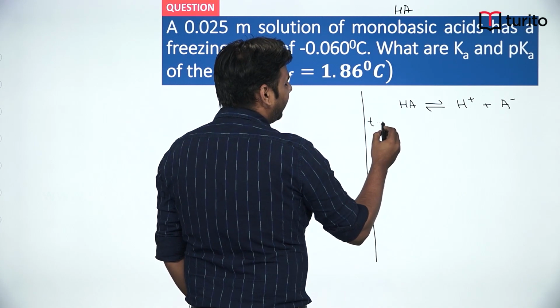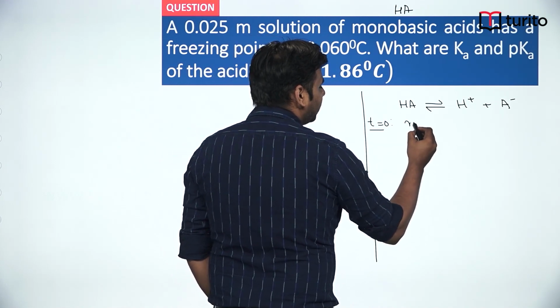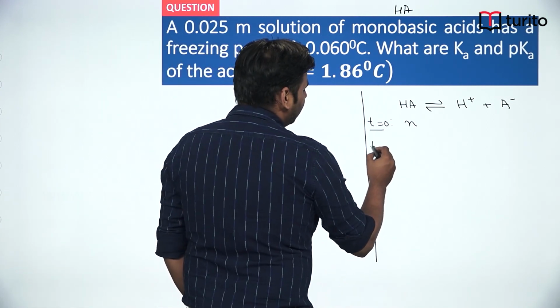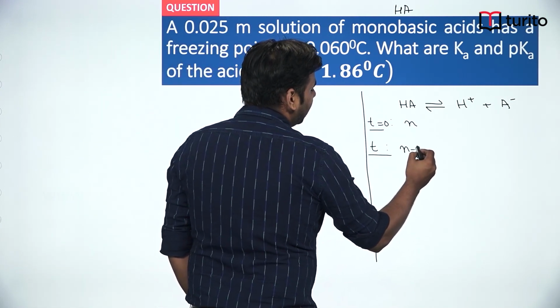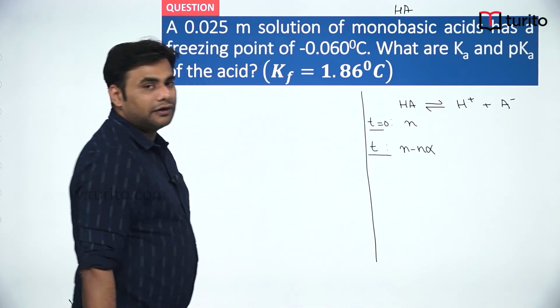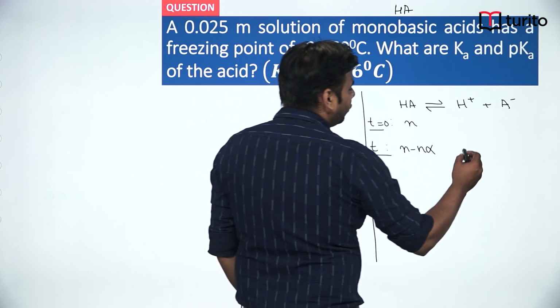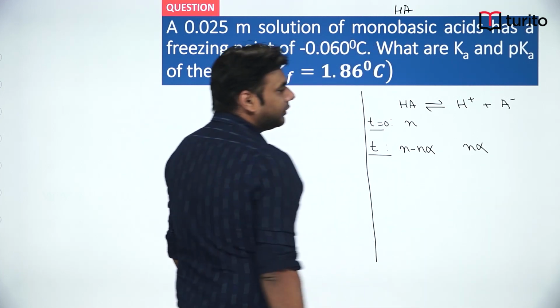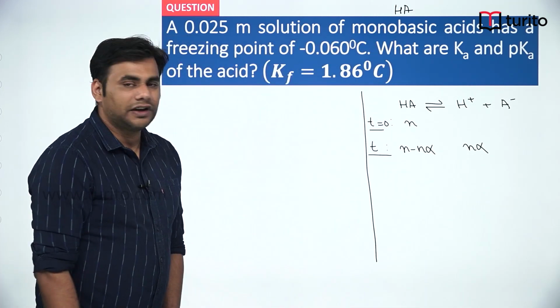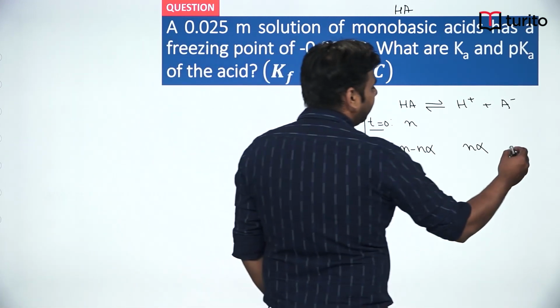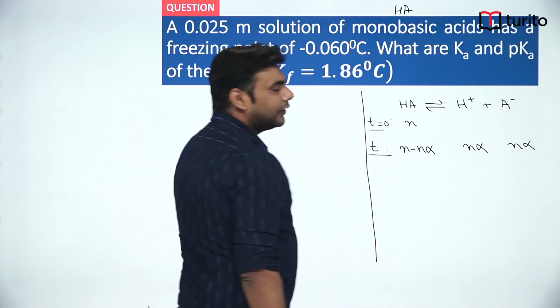Let the number of moles of HA at time t equals 0 be n. Alpha is the degree of dissociation. So after time t, the number of moles of HA would be n minus n alpha. 1 mole of HA gives 1 mole of H plus, so n alpha moles would give n alpha of H plus. 1 mole of HA gives 1 mole of A negative, so n alpha moles would give n alpha moles of A negative.